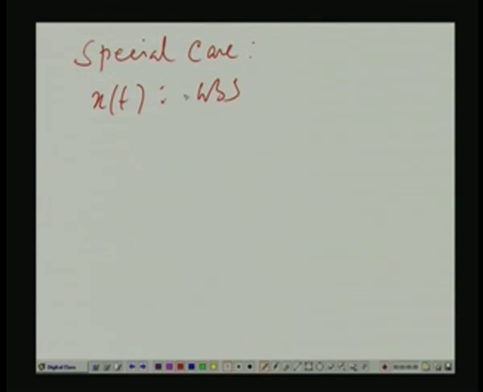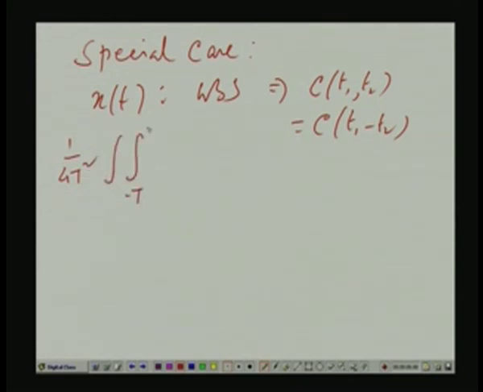If X(t) is WSS, then that means instead of C(t1, t2) it is to be a function of C(t1 minus t2), and I should have this double integral tend to 0 as T tends to infinity. Okay, this is the thing.